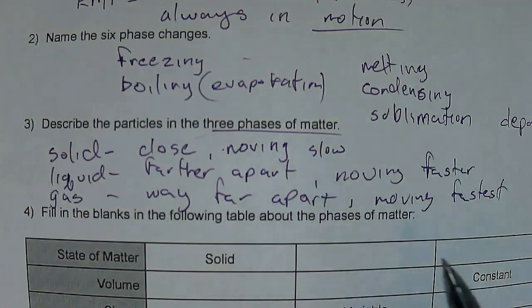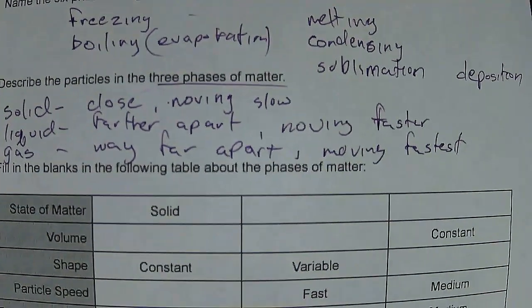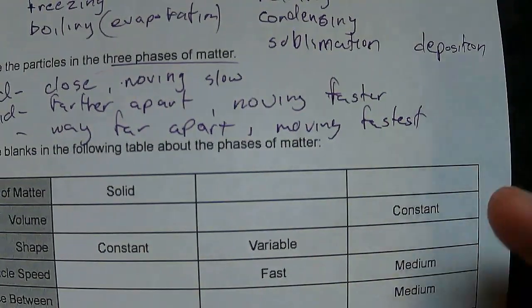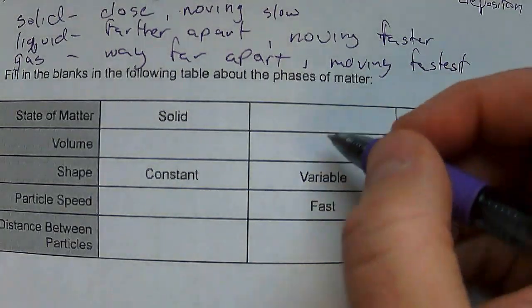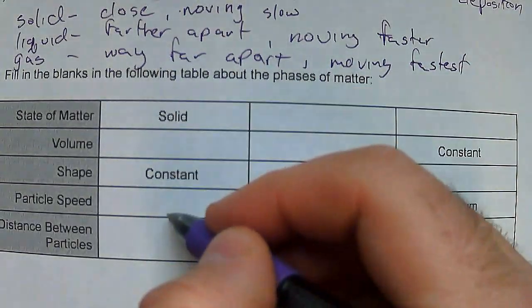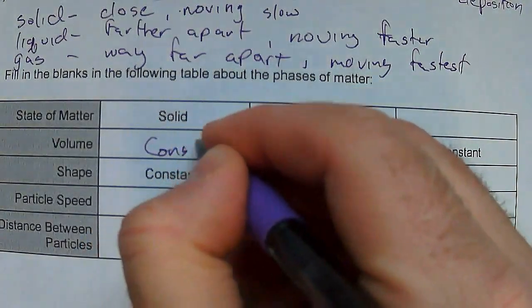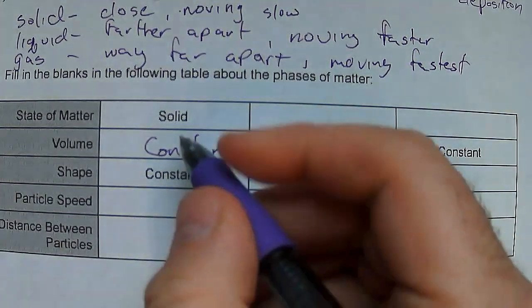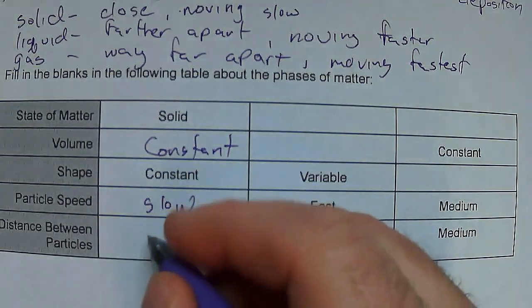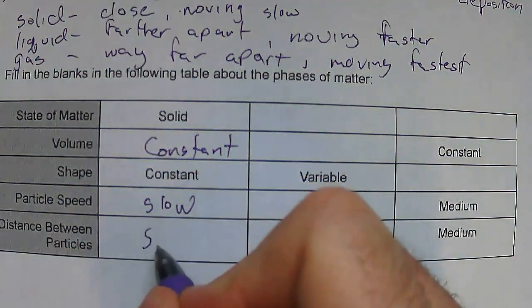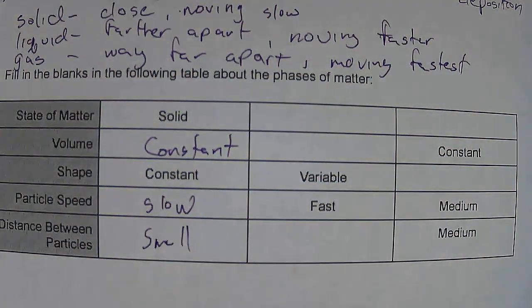Okay, so that's good. So now we do this. Okay, so we fill this chart in. So a solid, the volume is constant. The particle speed is slow. The distance between the particles is small.